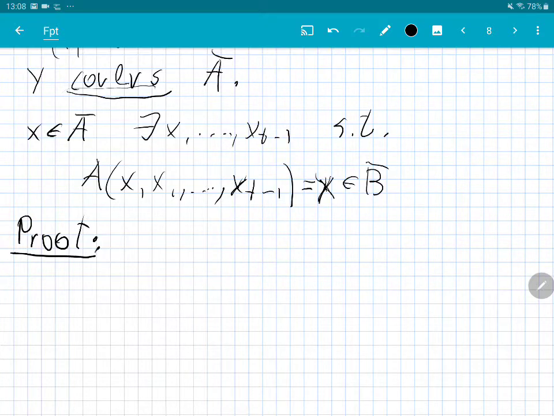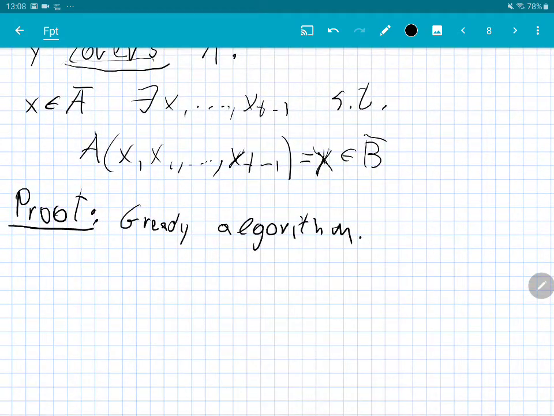And intuitively, the proof is a greedy algorithm. Okay? So how is the greedy algorithm going to work?